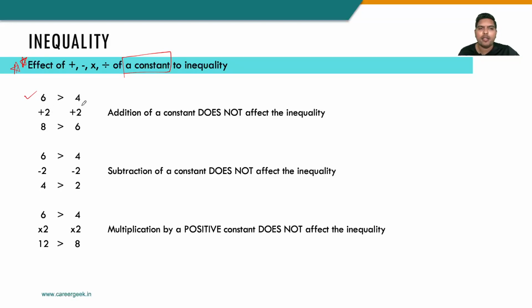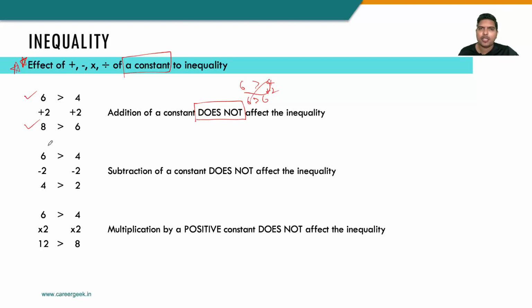Now, when you add a positive constant to both sides, remember, it can't be just one side. You have to add, subtract, multiply or divide the constant on both sides. 6 plus 2 is 8 and 4 plus 2 is 6. 8 is still greater than 6. That means that addition of a constant to both sides does not affect the inequality.